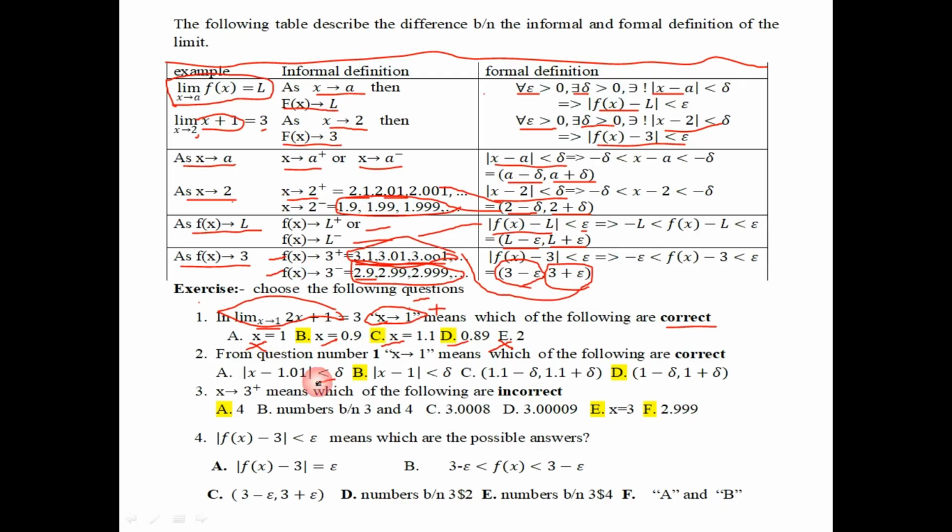No. The absolute value of x minus 1 less than delta, this one is correct. 1.1 minus delta, 1.1 plus delta? No, this is beyond 1. But D, 1 minus delta and 1 plus delta, is the correct meaning.